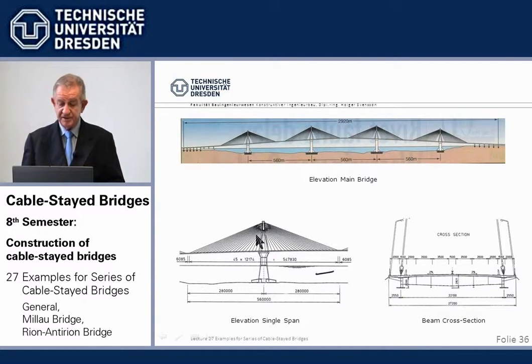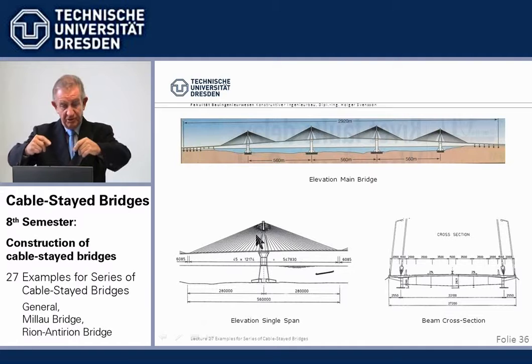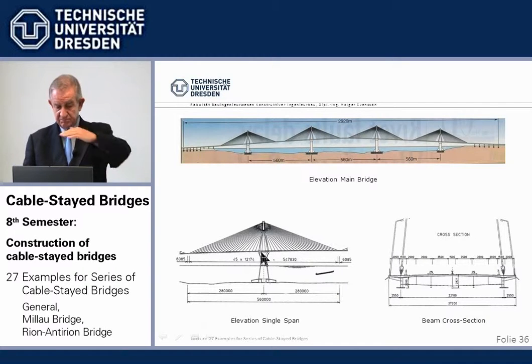In this case, it's a four-legged A tower, so it's transversely also A shaped. And then we have a very solid pier underneath. So the bending, the fourth couple which comes here, is taken in bending in this pier shaft.